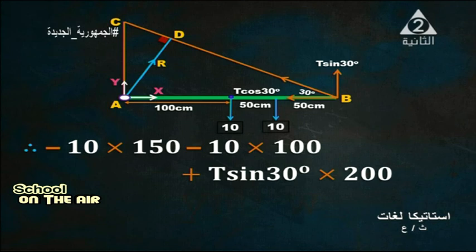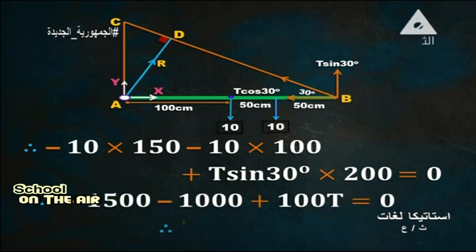Negative 10 times 100, but the tension T sine 30, we multiply by 200, the distance between B and A. Therefore, this equation equals 0 to calculate the tension T. The tension, in simplest form, equals 25.